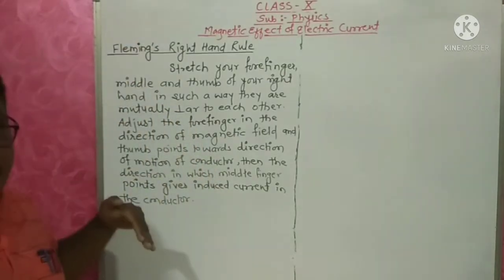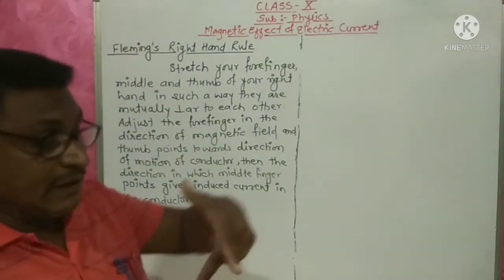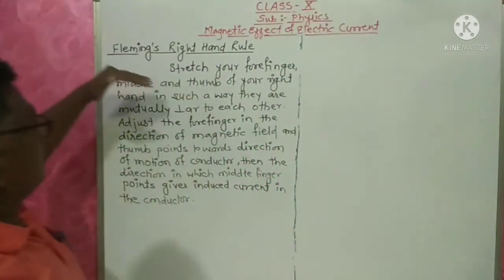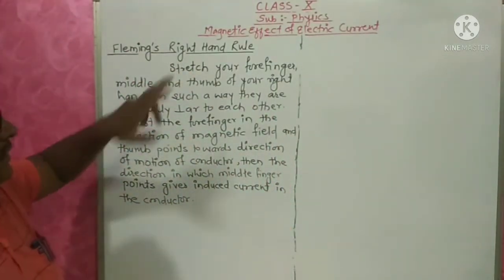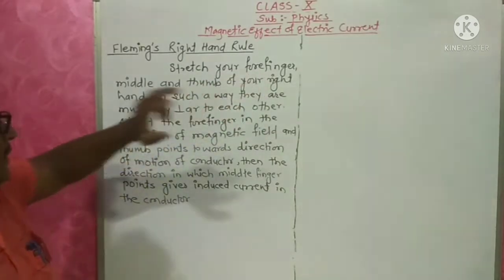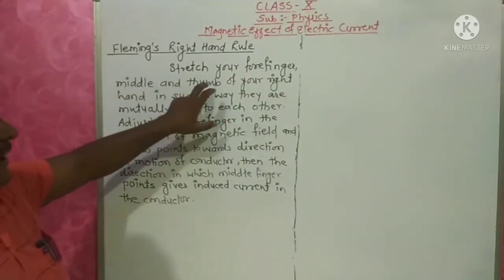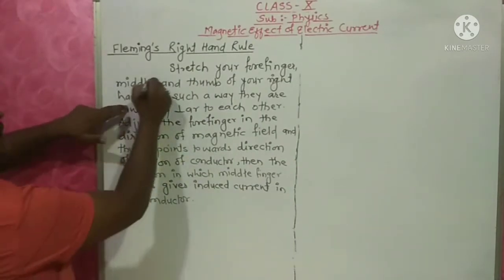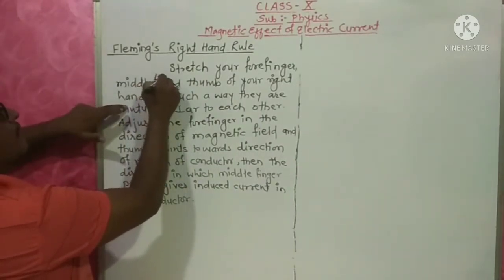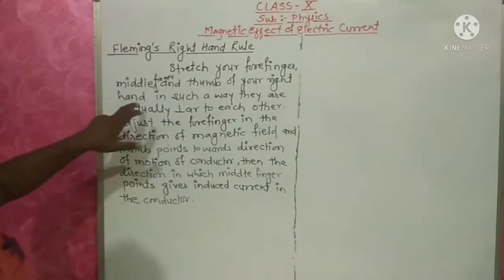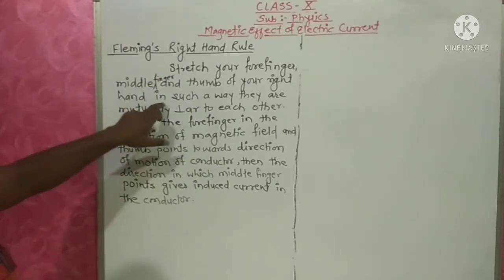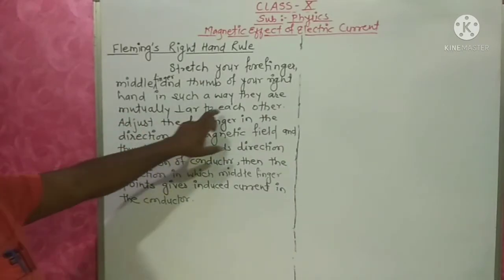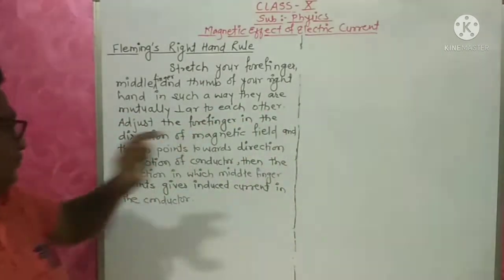What is Fleming's right hand rule? In the textbook a diagram is given, so that diagram you have to draw. Stretch your forefinger, middle finger and thumb of your right hand in such a way that they are mutually perpendicular to each other.